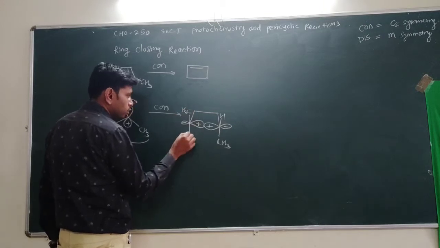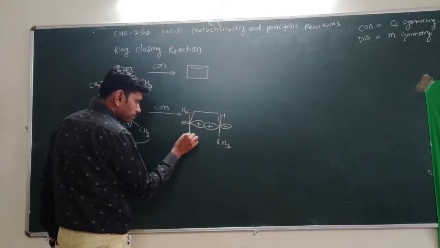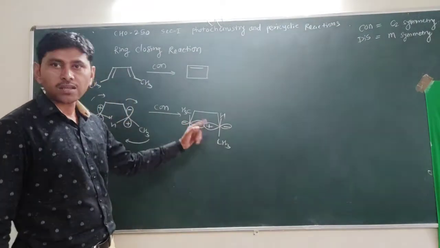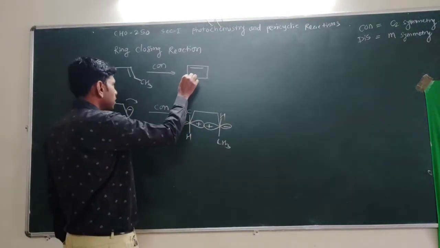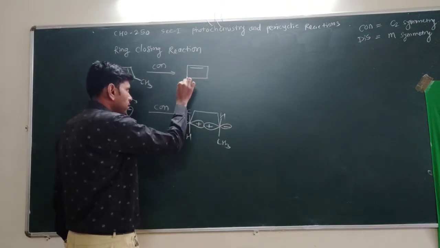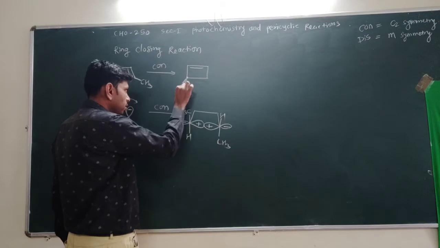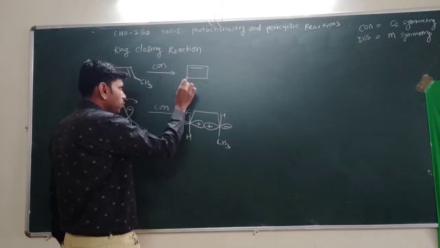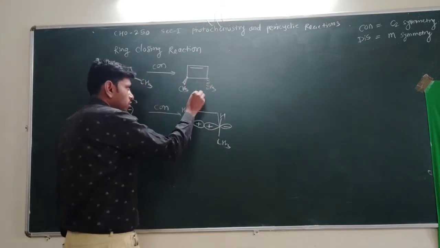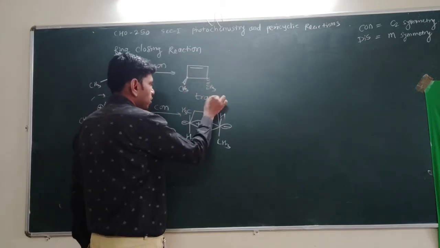So this stereochemistry is a trans stereochemistry. We can draw this one by a wedge line and this one by a dotted line in the downward direction. So it is a trans stereochemistry.